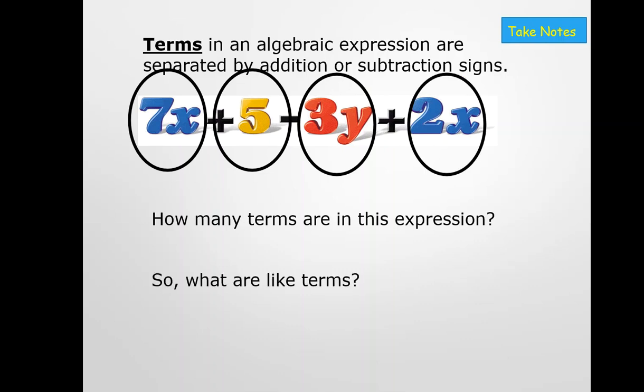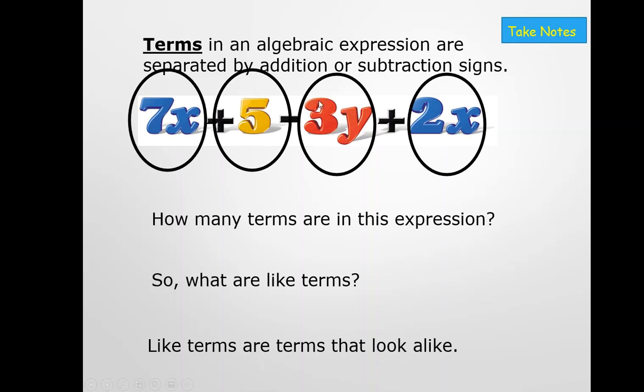So what are the like terms? Like terms are the ones that look alike. That's how we put it here. I want you to look at that, though, and say, what kind of variable does each of those have in it? This 7x, is there anything else there that has the x variable in it? This 5 doesn't have any variables in it.